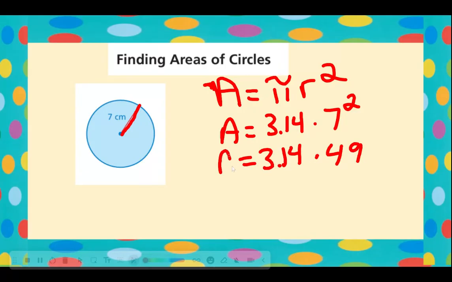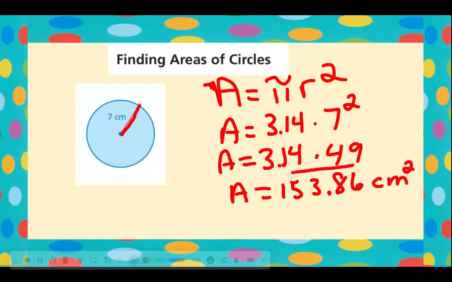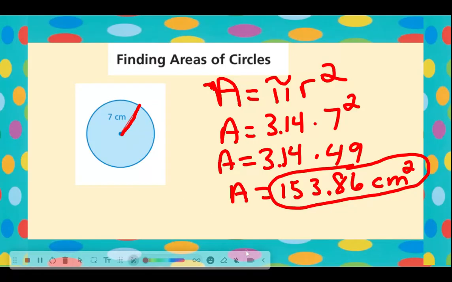Pause the video and let's see if we get the same answer. So I got 153.86. Now we're finding area, so it's square centimeters or centimeters squared. That's the area of the inside part of that circle. Great job.